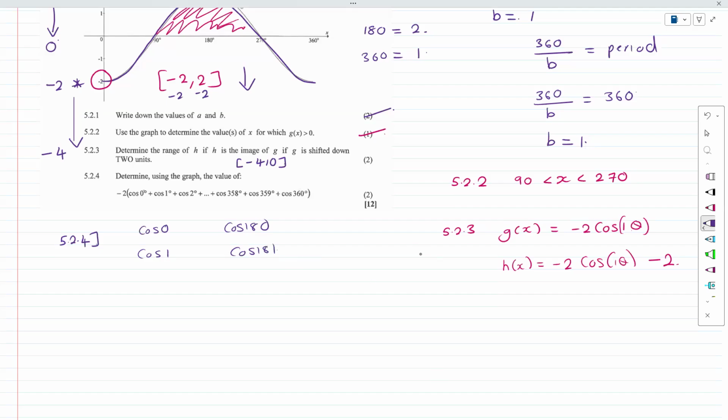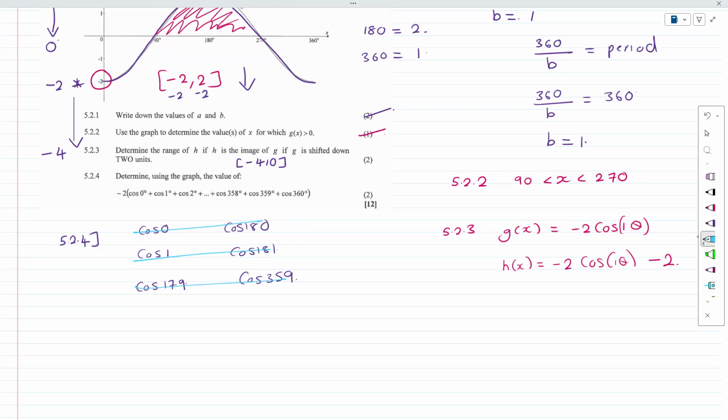And we're going to continue all the way until we go to cos of 359, and cos of 179. So all of this does not matter. All I'm telling you is that one is positive, one is negative, it's going to cancel out.